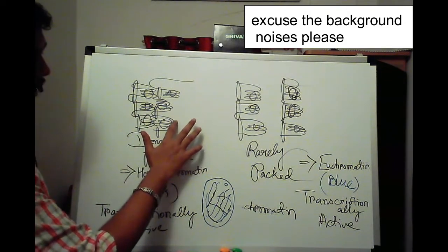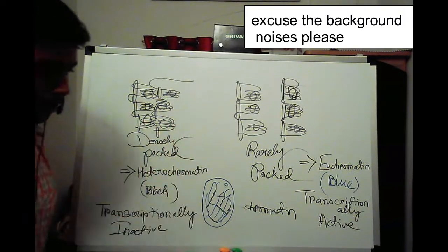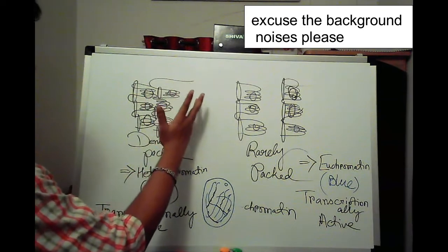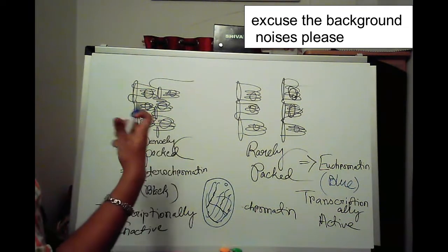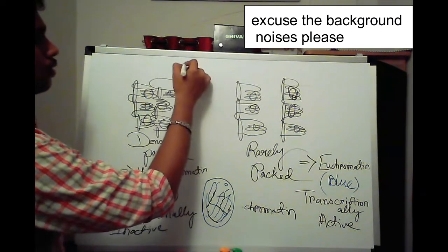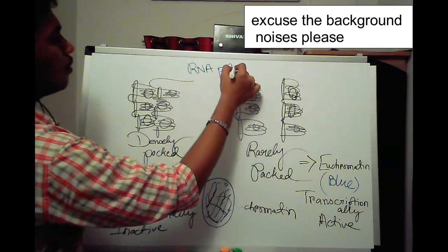This is densely packed, and there won't be space for transcription to occur. Transcription is a process. For now, just know transcription is a process. For transcription to occur, we need an enzyme known as RNA polymerase, or RNA poly.